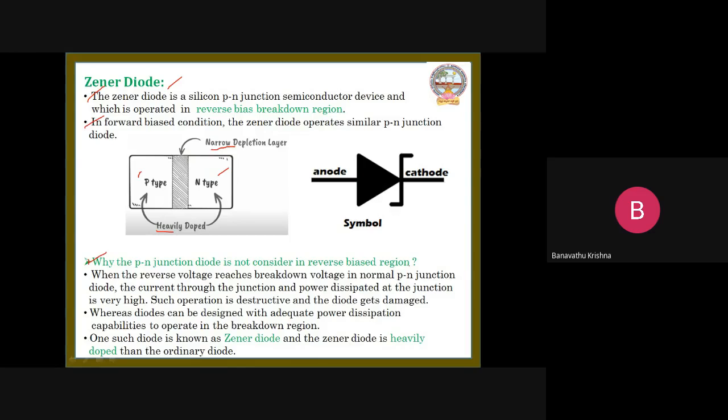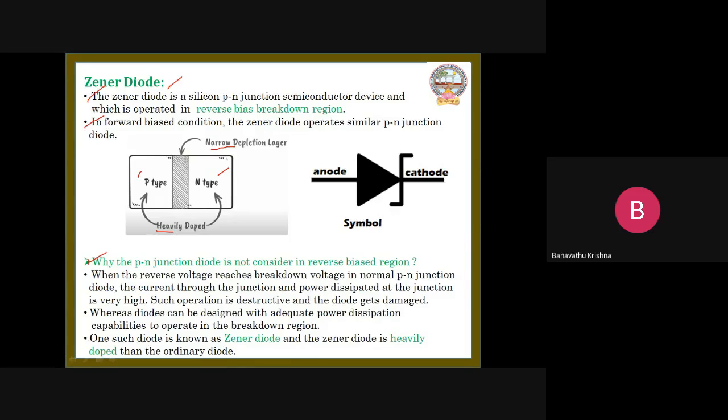Okay, that is the procedure here. In that procedure, high power is dissipated at the junction. Due to that high power dissipated across the junction, it may be destructive and the diode gets damaged.